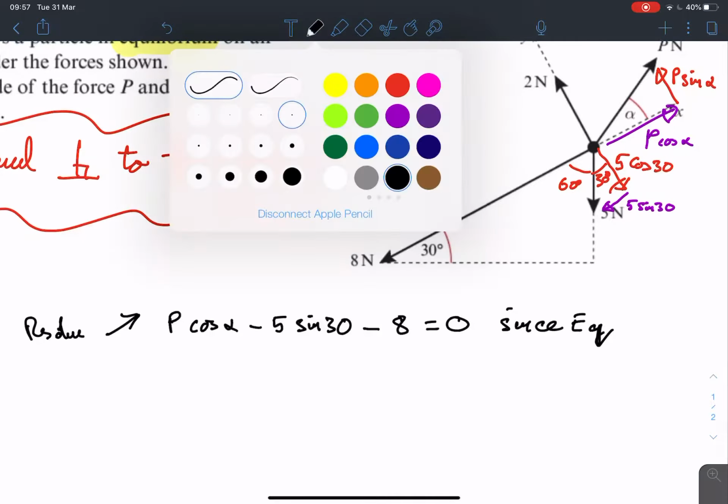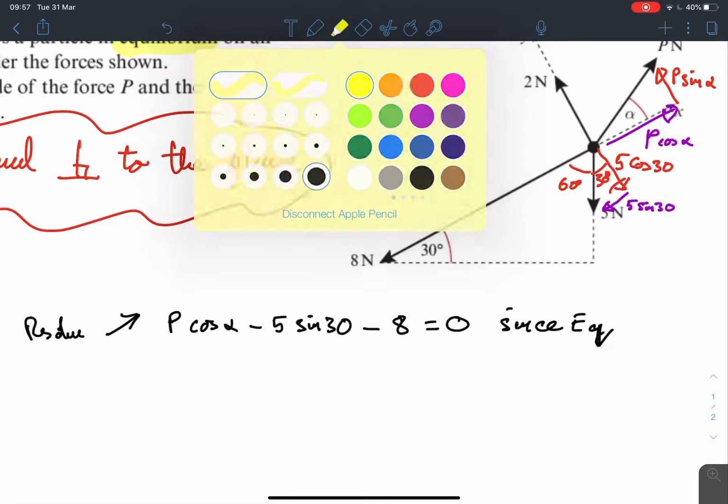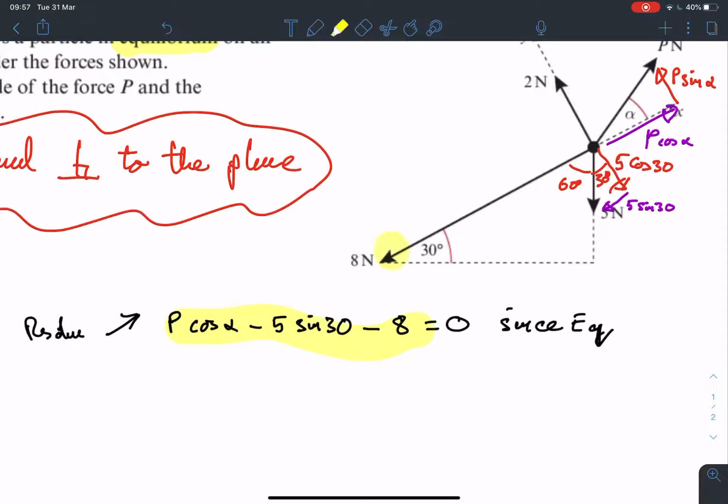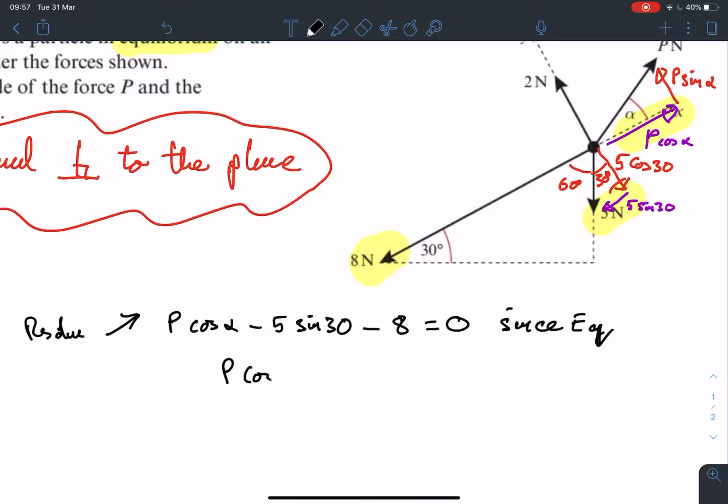So let's just make it clear where those have all come from. So those ones are here, here, and here. Okay, if we tidy that up a bit, we've got P cos alpha equals 8 plus 5, and sin 30 is a half. So we've got 16 plus 5 is 21 over 2.